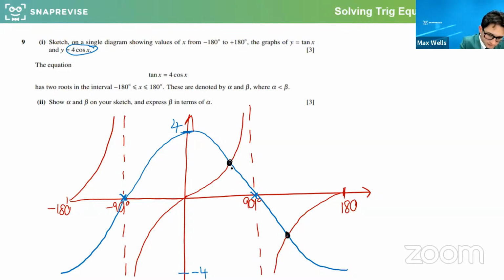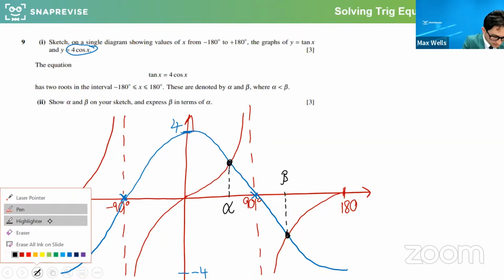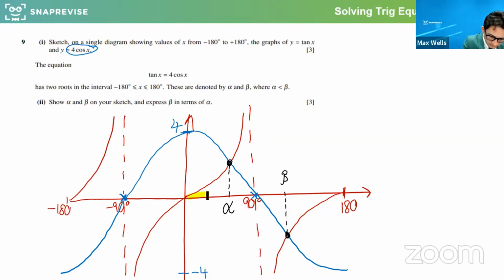Hopefully everyone can see that. So if we say that alpha is the first value and beta is the second value, hopefully everyone's happy that that's where they cross. That would be the solution to those 2 functions being equal to each other.